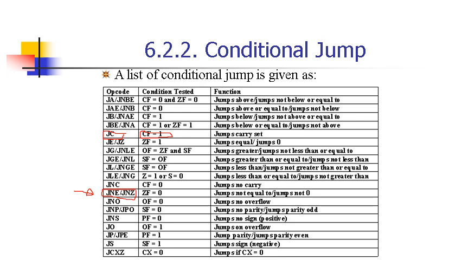So if the two numbers under consideration are not equal, which means the zero flag bit is not set, indicating that the difference is not a 0, the zero flag bit is a 0. Alright? So if the two numbers are not equal, which means the difference is not 0, you do the jump. Otherwise, you go to the next sequential instruction and start running your program from there. Good.